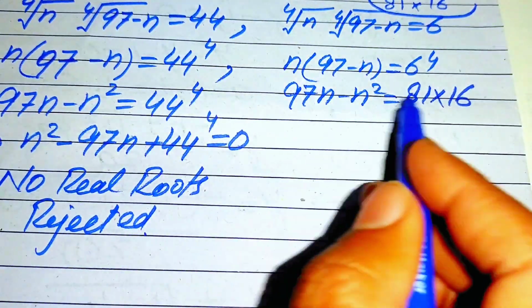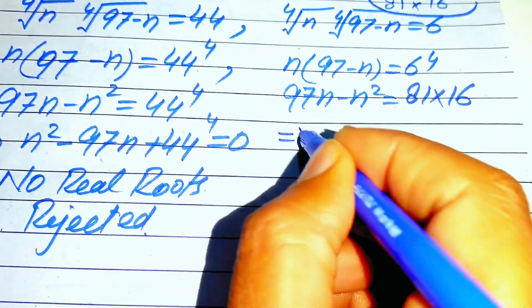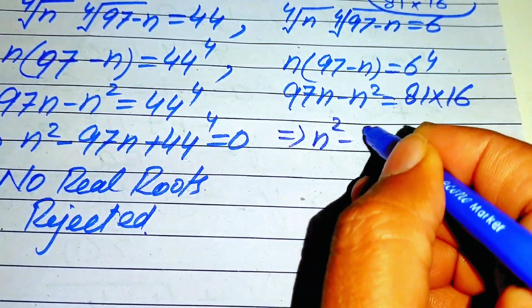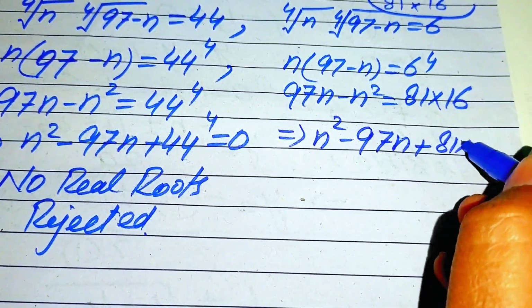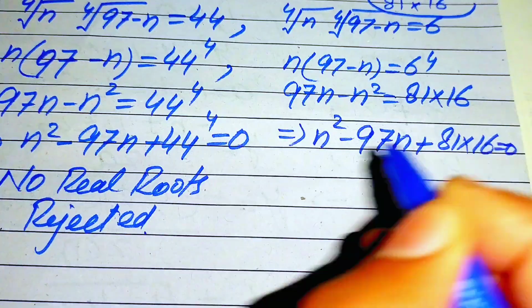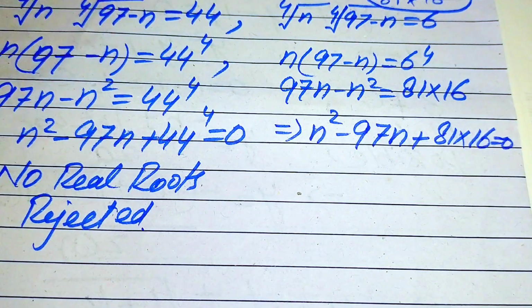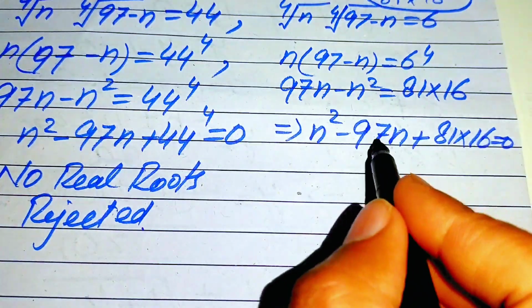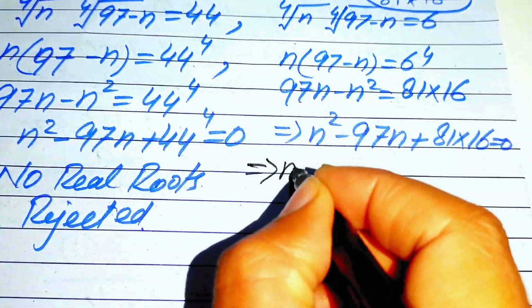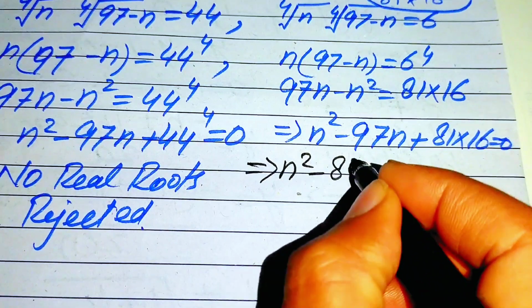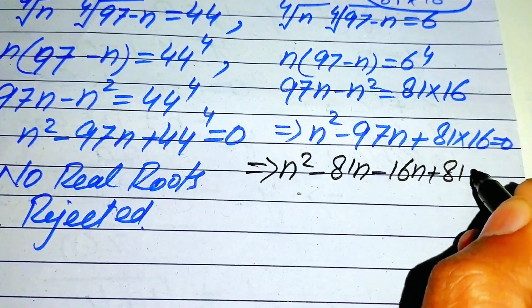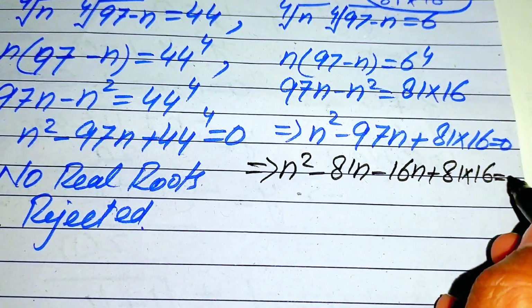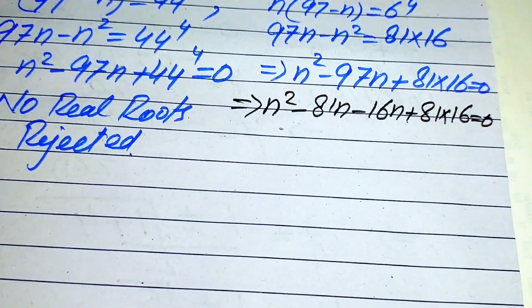And now we move these two terms to the right hand side, and it will be written as n square minus 97n plus 81 times 16 equals 0. And now in the next step we can break this 97 as n square minus 81n minus 16n plus 81 multiplied by 16 equals 0.